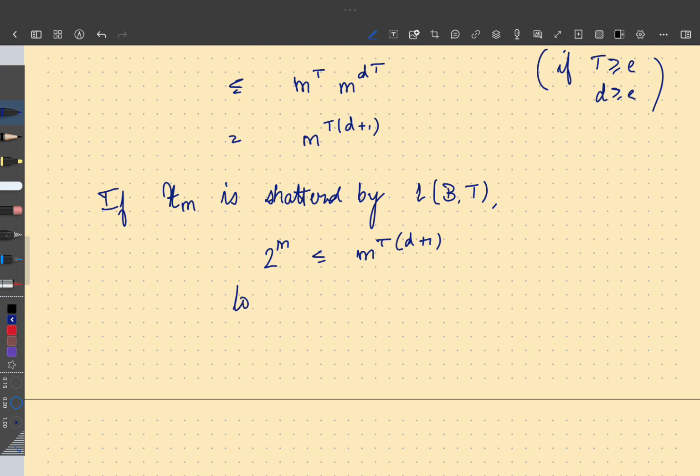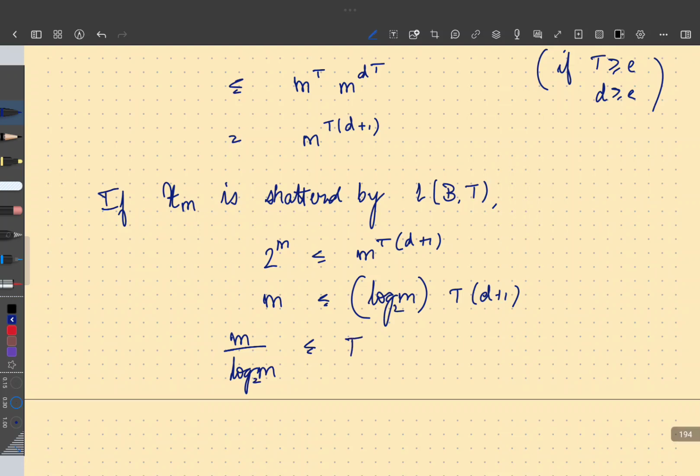Or equivalently, log of 2 to the m, that is m, should be less than or equal to log m times t times (d plus 1), or m by log m should be less than or equal to t times (d plus 1), or equivalently m should be less than or equal to t times (d plus 1) log of t times (d plus 1), up to some constant.